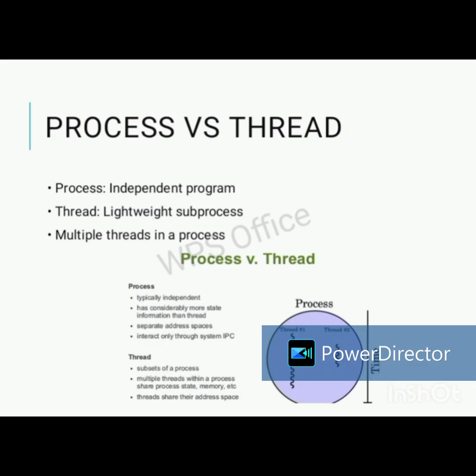This shared memory allows threads to communicate more efficiently than processes, but also introduces synchronization issues. Imagine a restaurant. The process is the entire restaurant operation, while threads are individual waiters handling customers. They all work in parallel but share the kitchen and order system. If two waiters try to grab the same dish, it's just like threads accessing shared variables without synchronization. Java applications are multithreaded by default. The main thread runs first and from there other threads can be spawned.